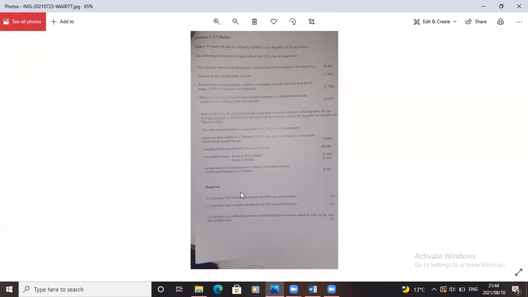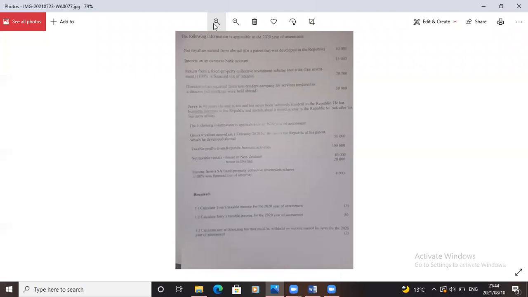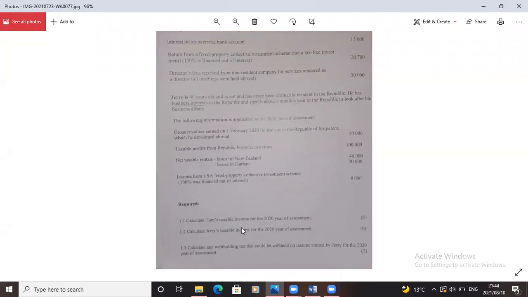Required: calculate Tom's taxable income for the 2020 year of assessment, and Jerry's taxable income for the 2020 year of assessment. Then number 3 speaks about the withholding tax, which I did mention last week at the sneak class.